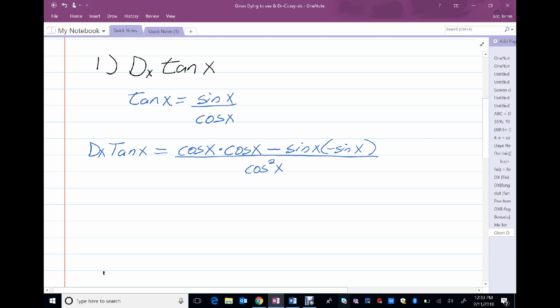If I simplify this a little bit, you should easily recognize I'm dealing with cosine squared of x plus sine squared of x all over cosine squared of x. Sine squared plus cosine squared you should recognize as the trig identity for 1.